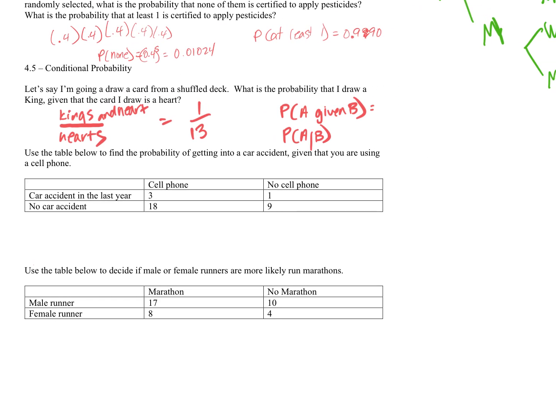And the way we find it is we say, what is the probability of A and B over the probability of B? You can almost feel like the line before B is a fraction bar, this one over this one. Okay? All right, so let's look at an example.